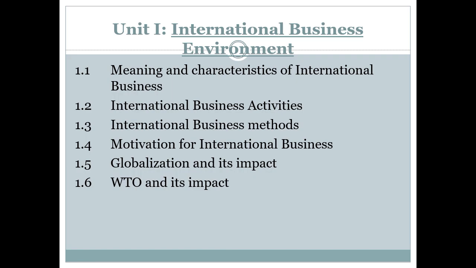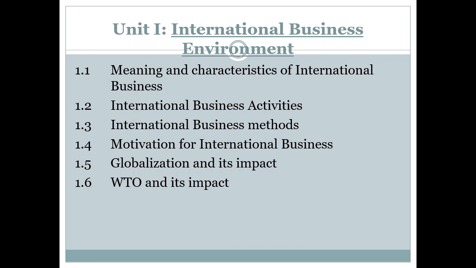Let's see. In this unit, first we will see the meaning and the characteristics of international business. Prior to that, we will first introduce what the international business environment is. Then we will go through the meaning of international business environment, then certain definitions of it.